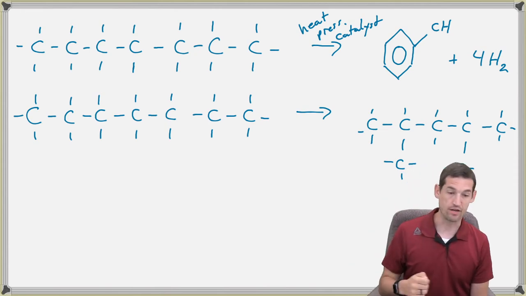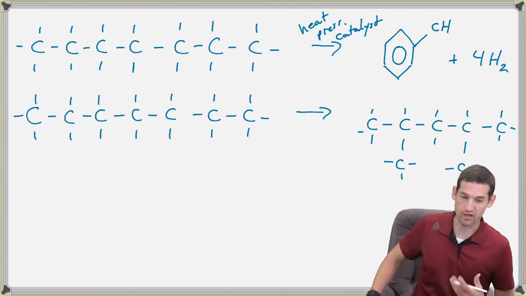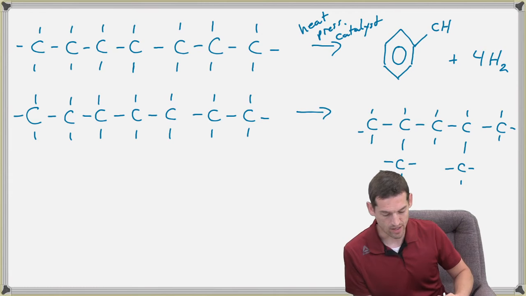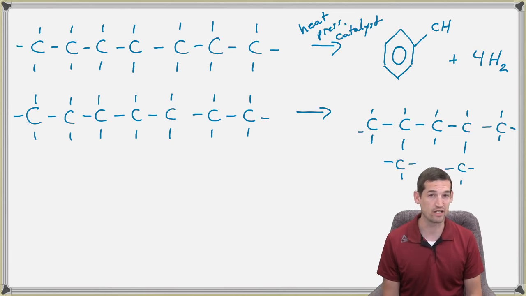Okay. Now, the last part here in your notes, you don't need to know. It's just talking about octane. And that molecule on the left is called 2,2,4-trimethylpentane, and that's what we set our octane ratings as.